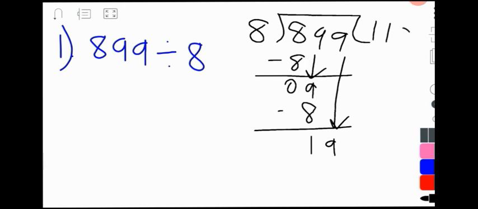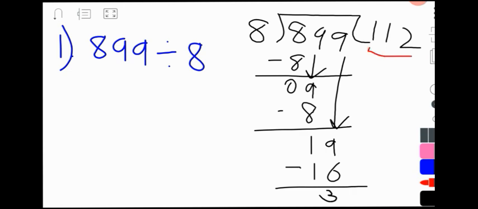So 8 twos are 16. After that we subtract again, and 19 minus 16 is 3. So we have come to our answer: our quotient here is 112 and the remainder is 3.